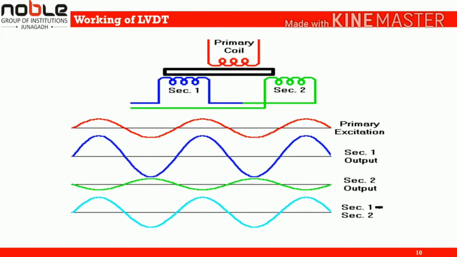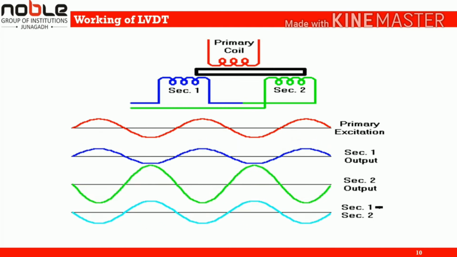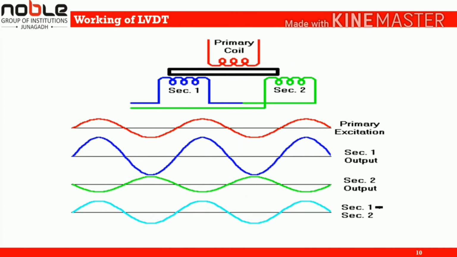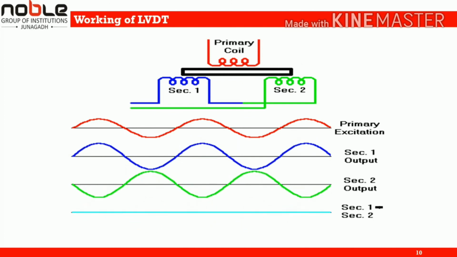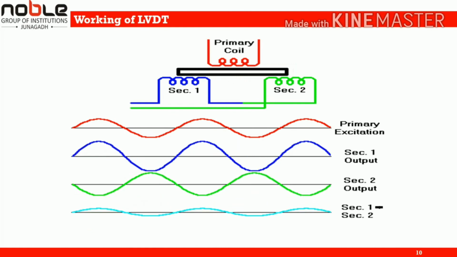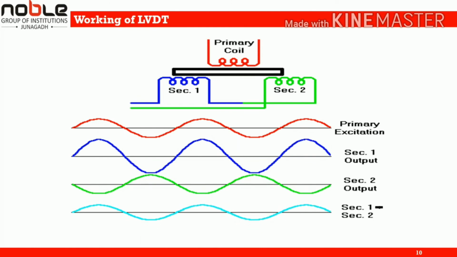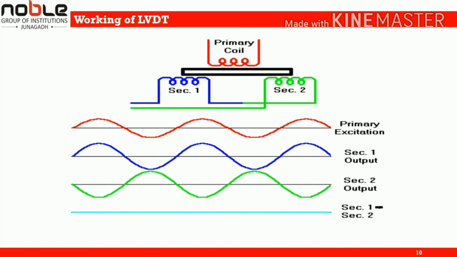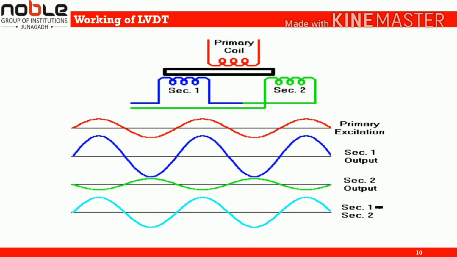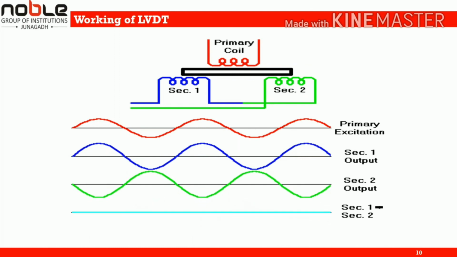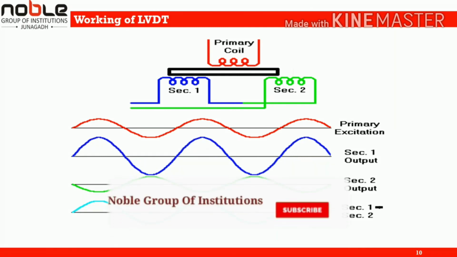When the core is toward the secondary winding 2 side, the output of secondary 2 is higher. When the core is toward secondary winding 1, the left side, the output of secondary winding 1 is higher. When the core is in the center, the null position, both output voltages ES1 and ES2 are equal, so E0 is equal to 0.